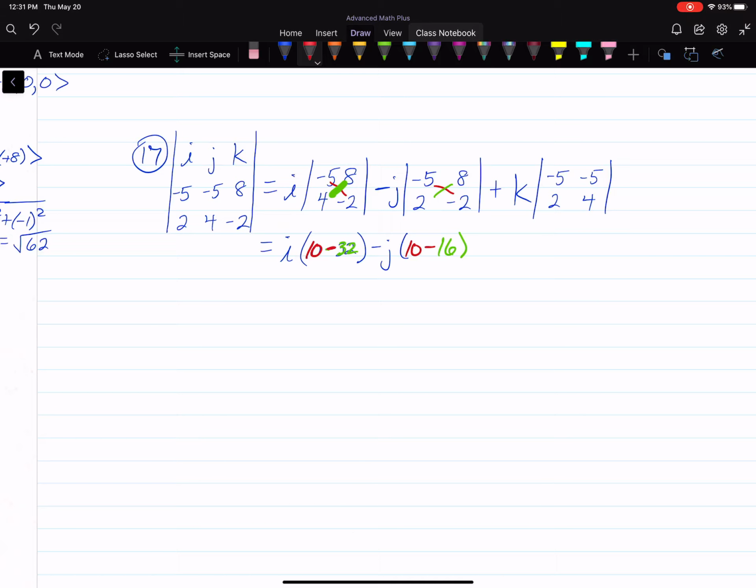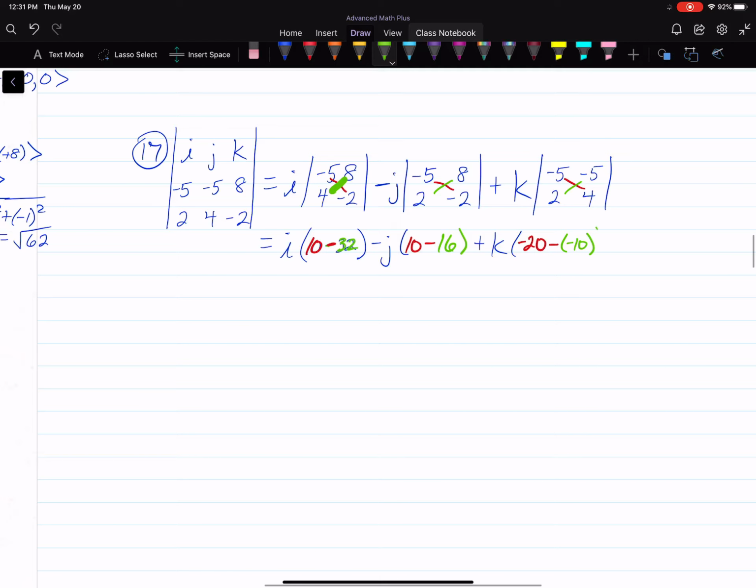All right, last but not least, plus K. K is going to be negative 5 times 4 is negative 20, minus negative 5 times 2 is negative 10. And then you simplify all that. So this would be I times 10 minus 32 is negative 22, minus J times negative 6, 10 minus 16 is negative 6, plus K times negative 10, negative 20 plus 10 is negative 10.